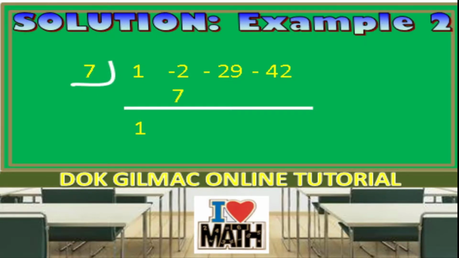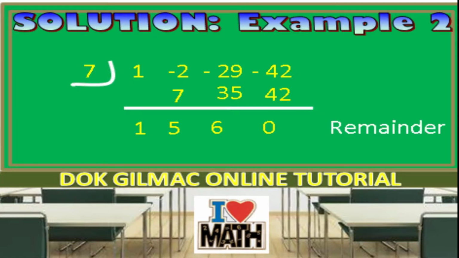So that's equal to 7, plus negative 2, so that's equal to 5. Times 7 is 35. Adding 35 and negative 29, so we have 6. 6 times 7 is 42. Adding 42 and negative 42 is 0. So as you can see, the remainder is 0.